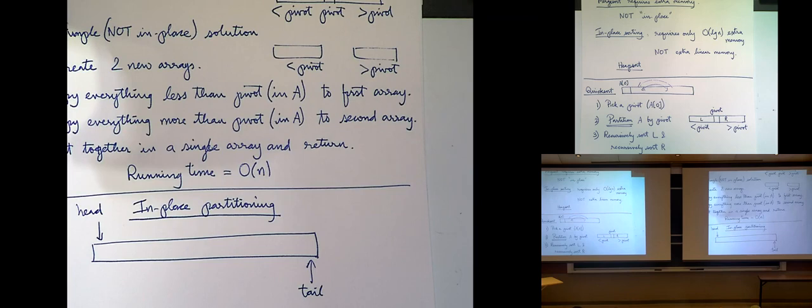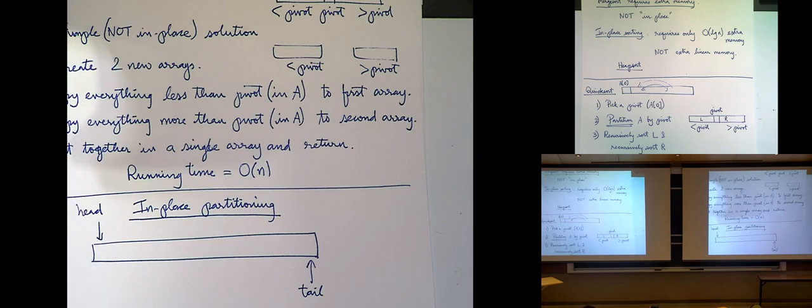So if head is less than the pivot, what should you do? I think you already know what the solution is. Yeah. Leave it there, right? Because it's where it's supposed to be. And if tail is more than the pivot, you leave it there.